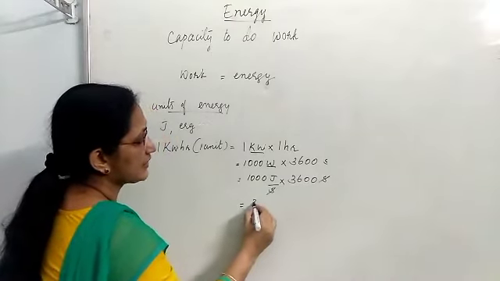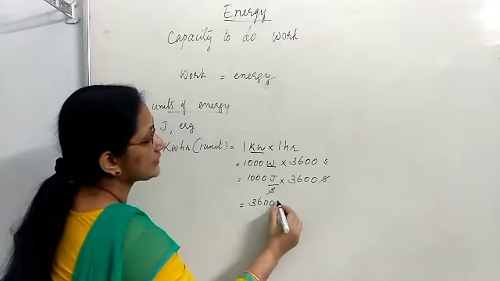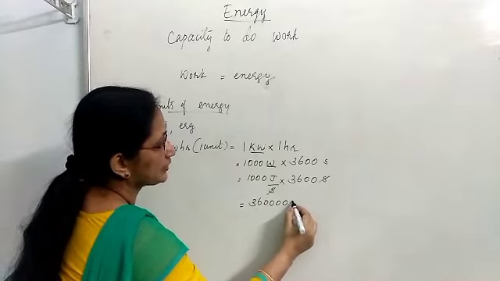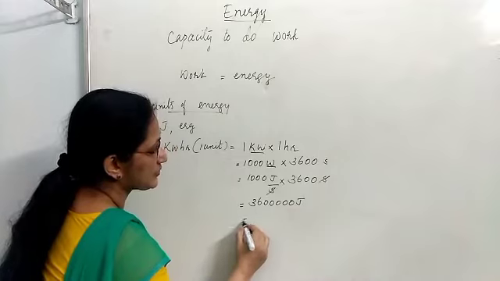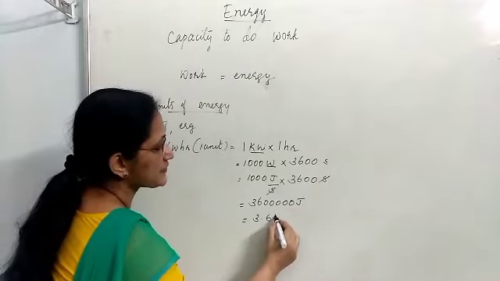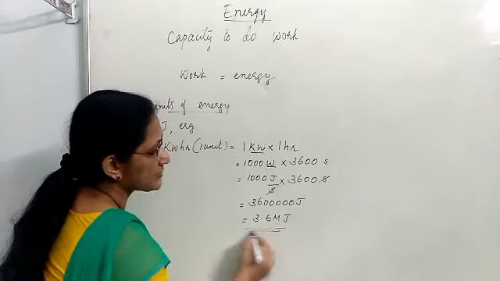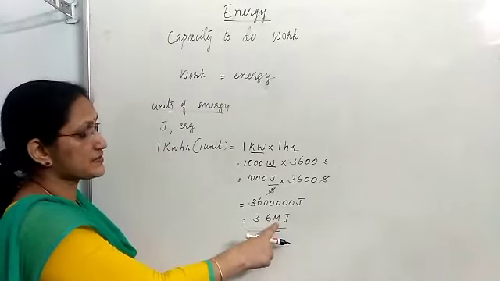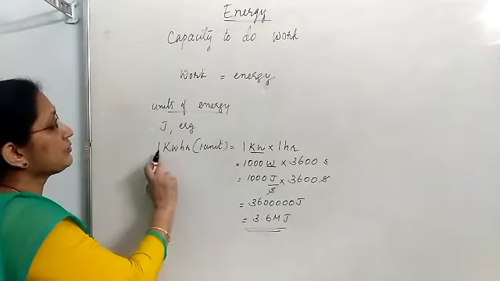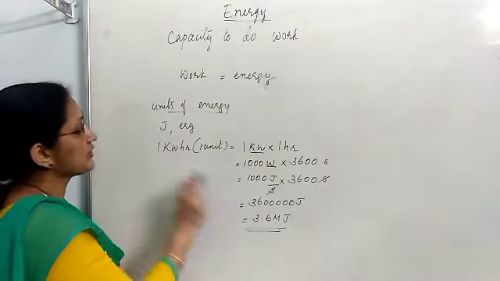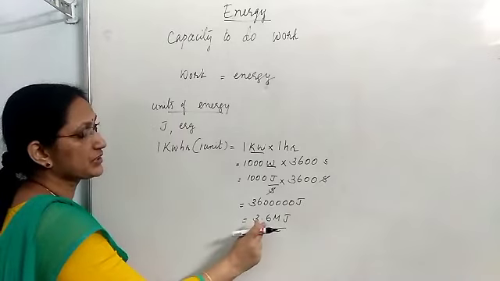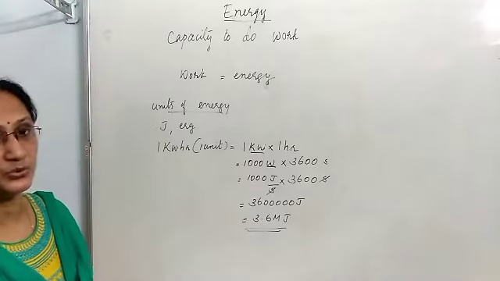Seconds cancel. The answer is 36 lakh joule. That can also be written as 3.6 mega joule. This mega stands for 10 to the power 6. So 1 kilowatt hour is equal to 3.6 mega joule.